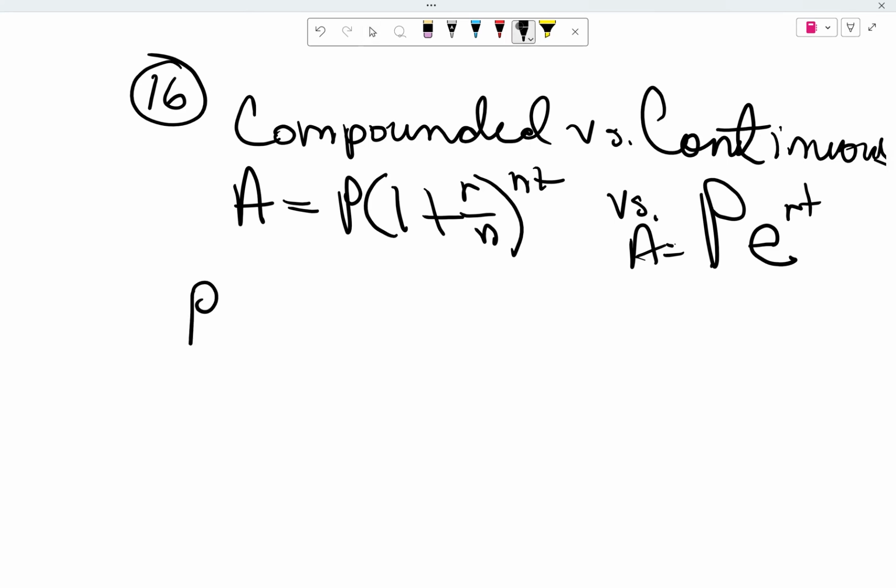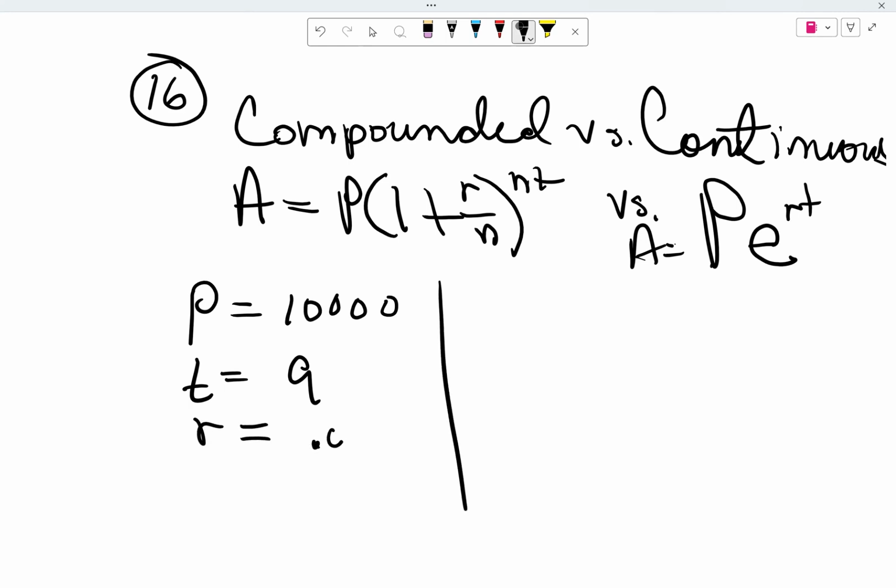They're telling you the P value is 10,000. They're telling you the time is 9 years. They're telling you that this is 5.4% for one interest. So the rate, you're going to change to 0.054, divided by 100, basically.